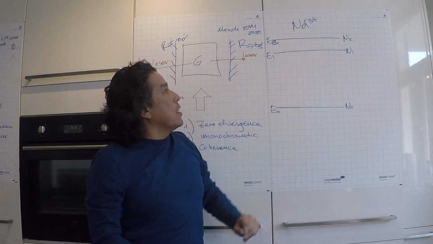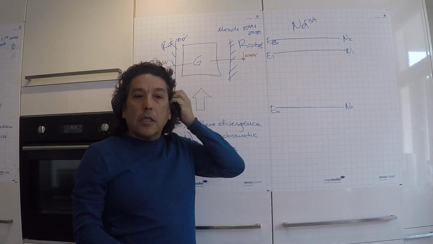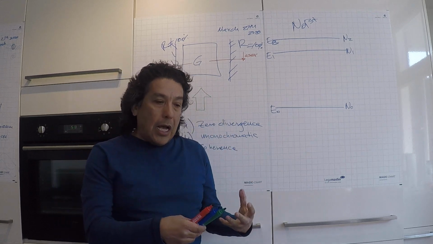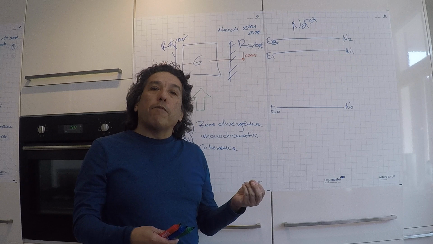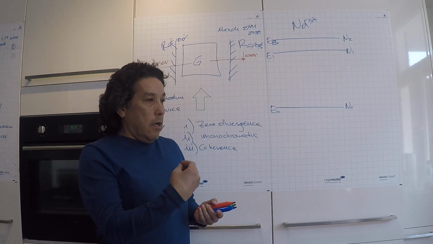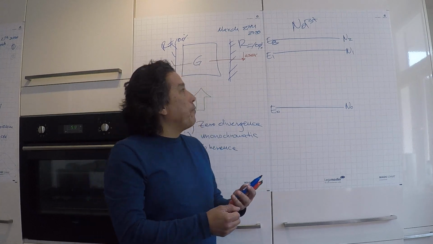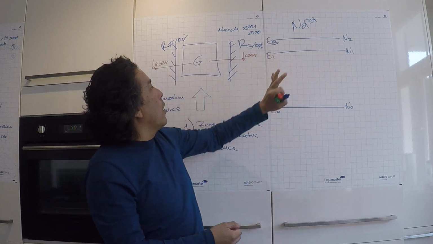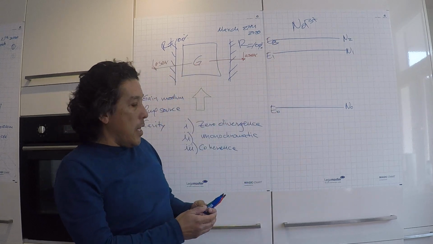This is an active material that has a spectrum of absorption and a spectrum of emission. So let's say that we are working on this, and then we have a pump source.